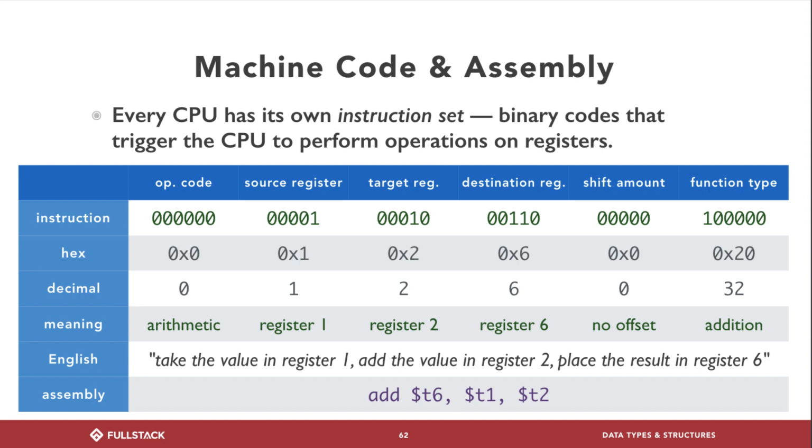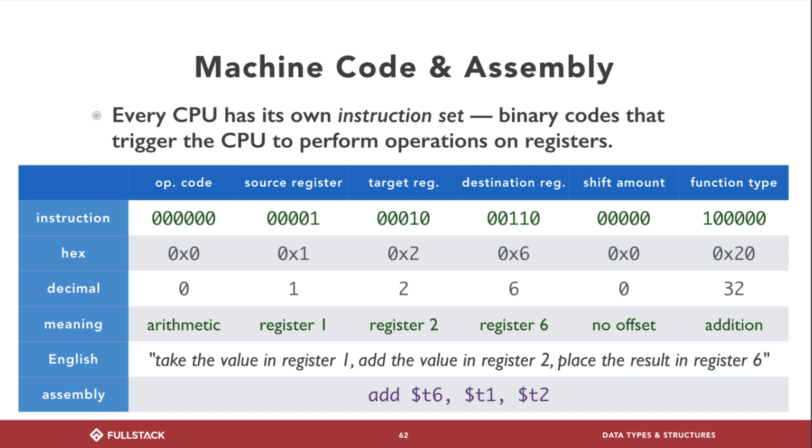So instead, people started writing assemblers. Assemblers are programs that would read in text, like add T6, T1, T2, and convert those textual formats directly into machine code, one-to-one correspondence. So an assembly language is a text version of these opcodes, these instructions, these machine switch states, these on-off states.